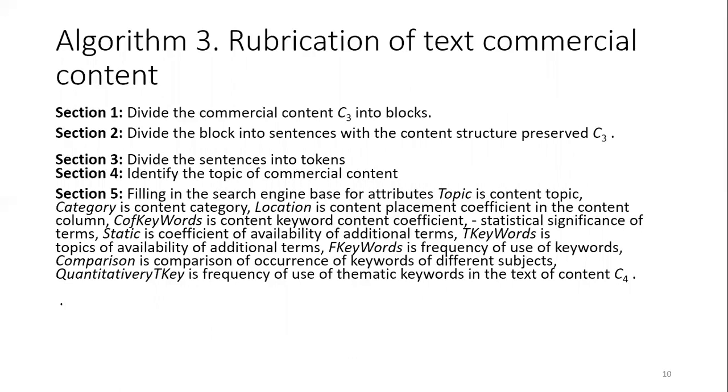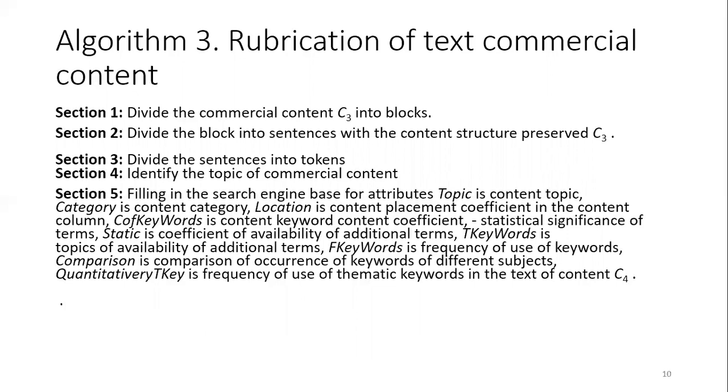The third algorithm is a rubrication algorithm, which provides a more fine-grained analysis of our keywords, that is, content C3. We divide the commercial content C3 into blocks. We further divide these blocks into sentences, preserving the structure of content C3.